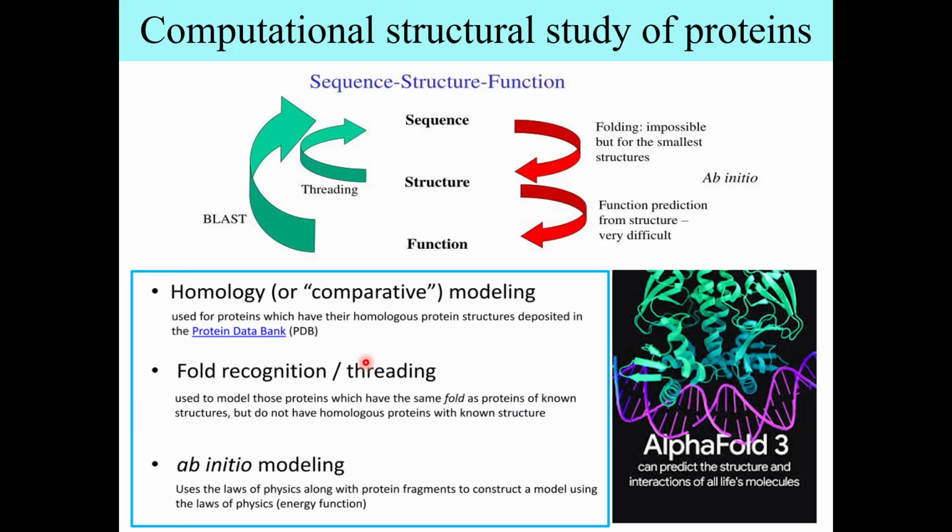Proteins have different domains. These domains are functional modular units, right? Protein engineering uses these domains and folds to model proteins which have the same fold as proteins of a known structure, but do not have homologous proteins with known structures. Let's say there are two different proteins.